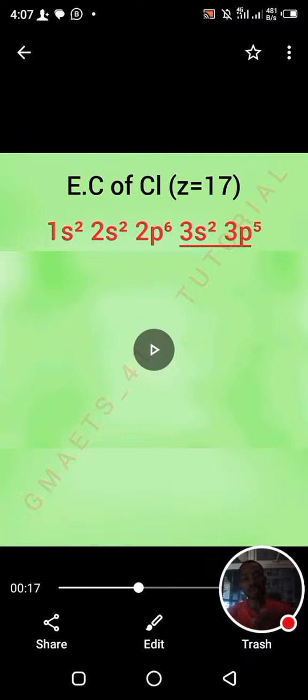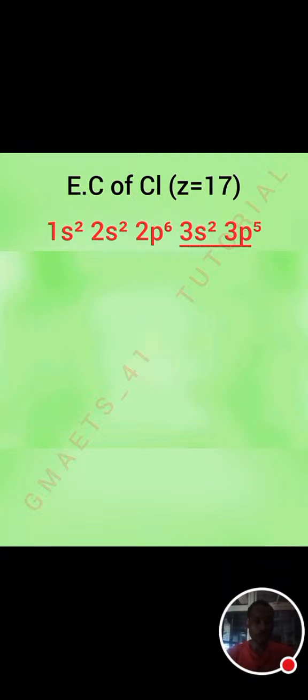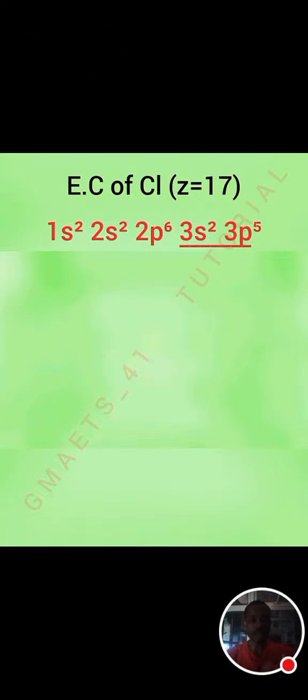Now you notice that I underlined something, the 3s2 and 3p5. There is a reason I underlined it. We are still coming to that in the next point, where we talk about electronic configuration and the valence electrons of an element, which also gives us the group that the element belongs to.